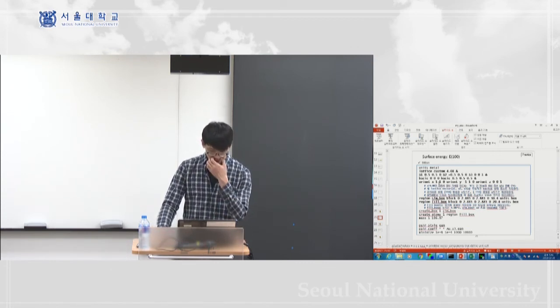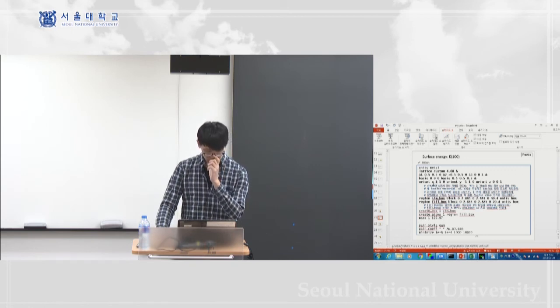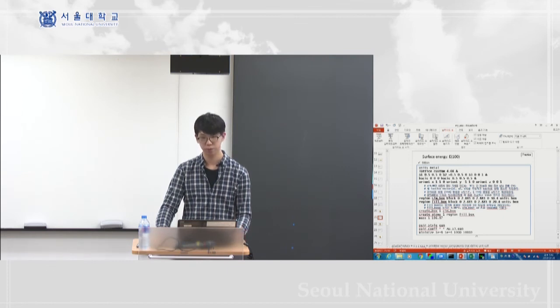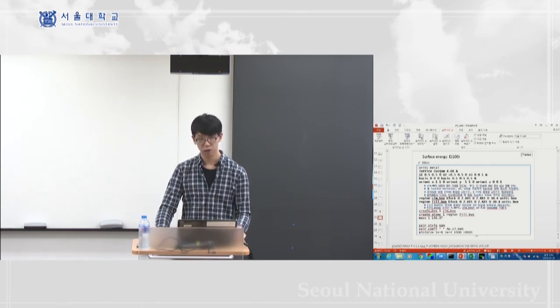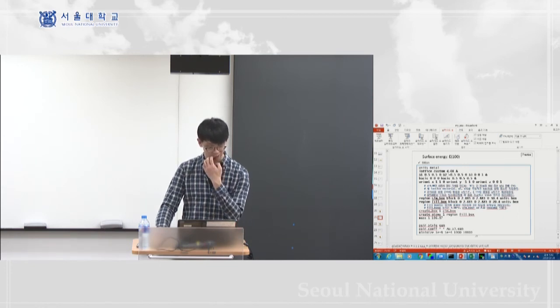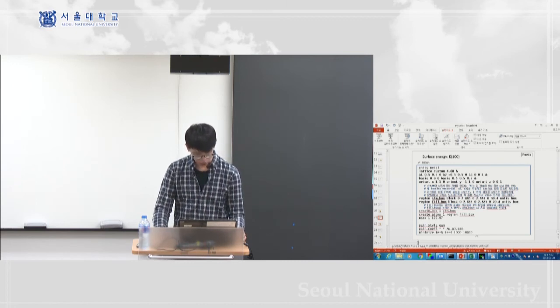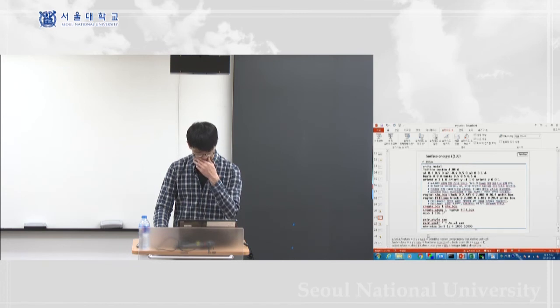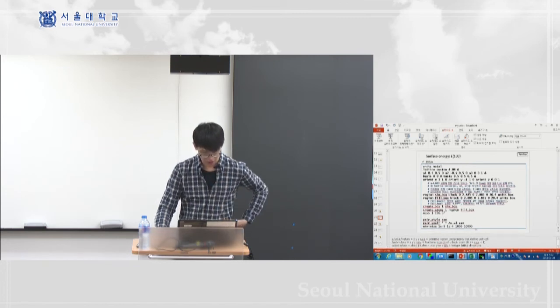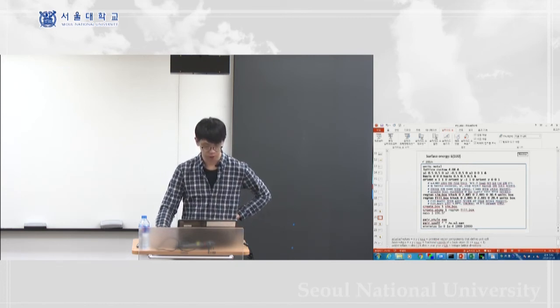So in this type, we're going to use the lattice command with custom type. As in the previous example, the lattice constant is 4.08, but this time we're going to use the primitive vector components command, this basis command and orient command.